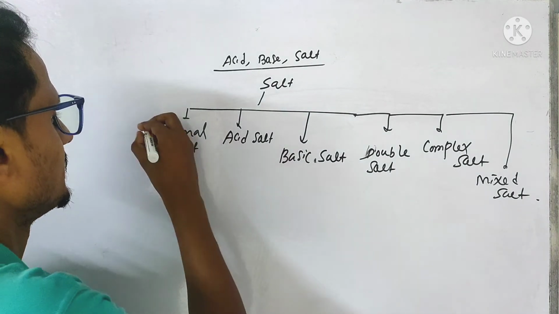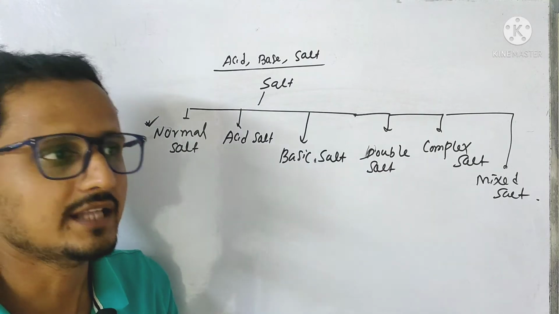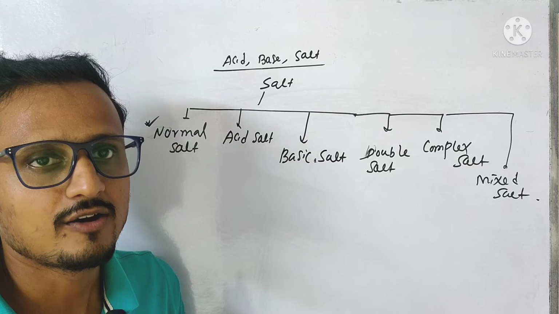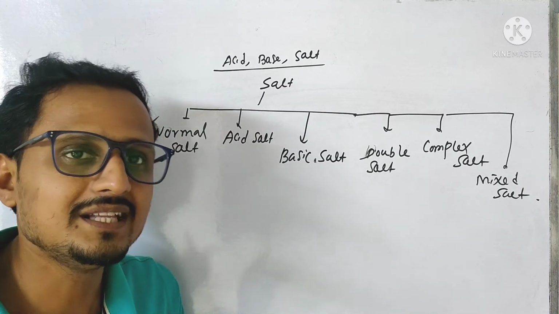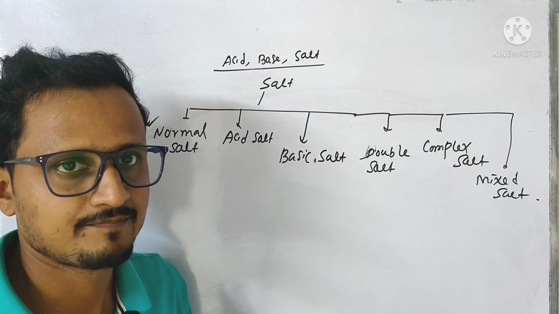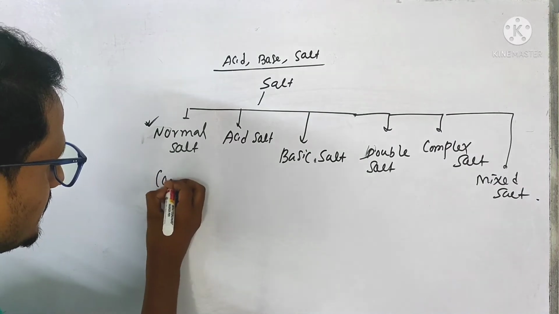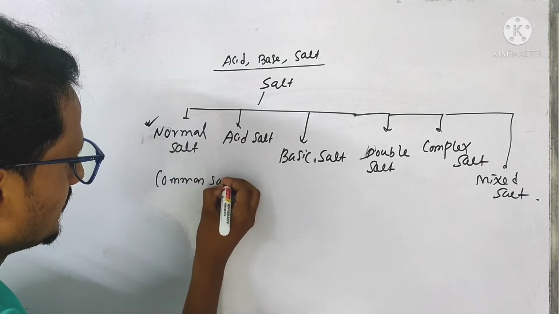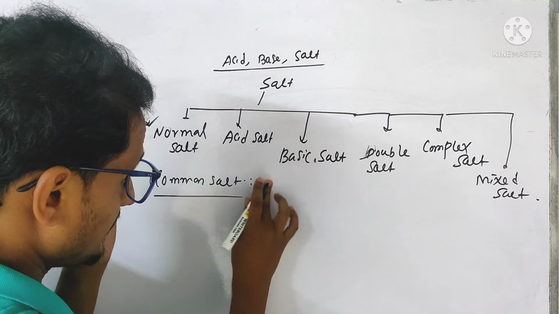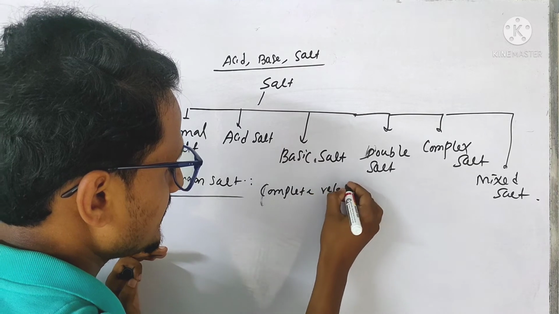Now what is normal salt or common salt? As I have already told, if the replaceable hydrogen of an acid is completely replaced by a metal, an electropositive ion, then the salt formed is called common salt or normal salt.